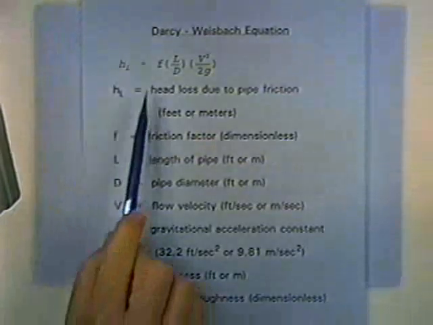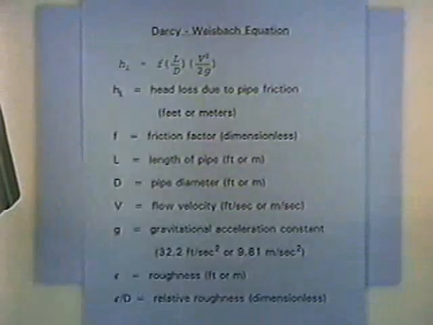And then the key term is this dimensionless friction factor. One nice thing about Darcy-Weisbach is it is dimensionally consistent. Whatever units you use are fine as long as you've got consistency, unlike Hazen-Williams, which is not a dimensionally consistent equation.